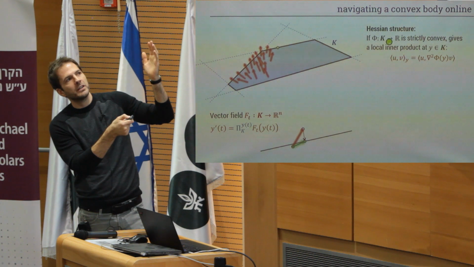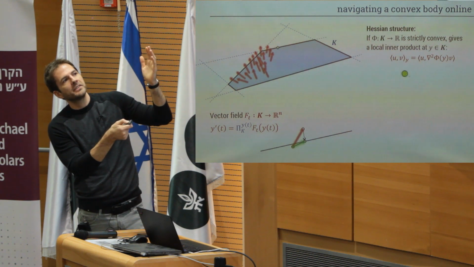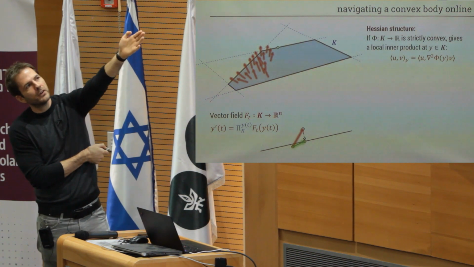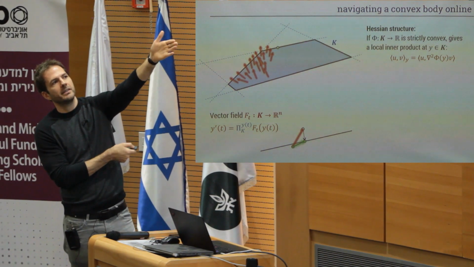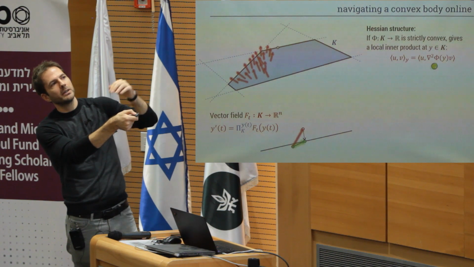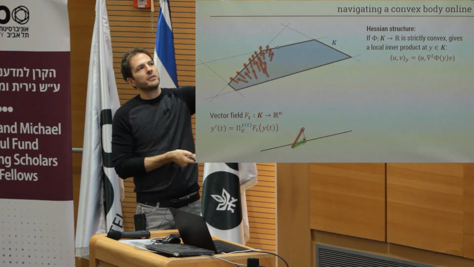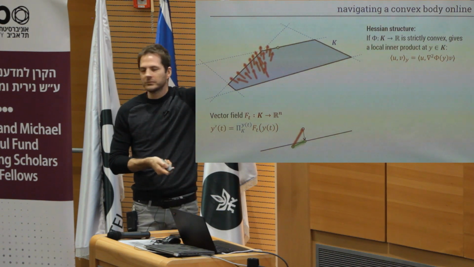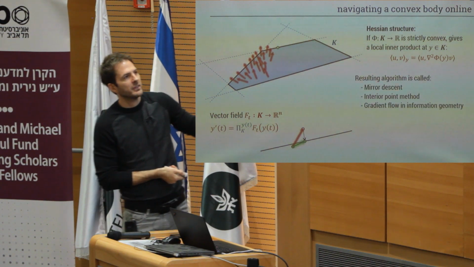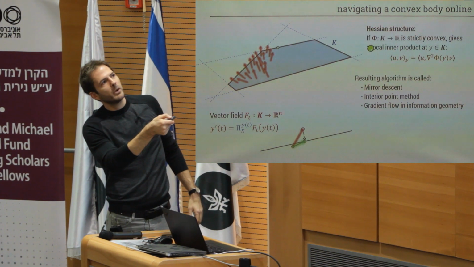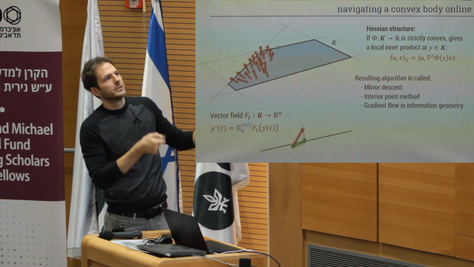If you have a strictly convex function phi, this gives you some inner products. The function is convex if and only if the Hessian is positive definite. That gives you a positive definite form at every point of the space, so that gives you an inner product. Once you have an inner product, it tells you how you can project. So that gives you some variant of this algorithm. I will call this phi a regularizer, also called a mirror map.